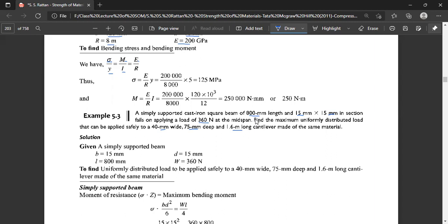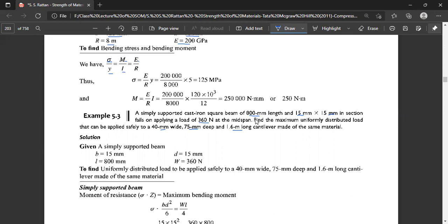First we have to find out the safe or maximum stress which we can apply with this particular beam, and then we can use that maximum safe stress to find the distributed load that can be applied to a beam of the same material but different dimensions. Initially, the simply supported beam had width B of 15 millimeter and depth of 15 millimeter.